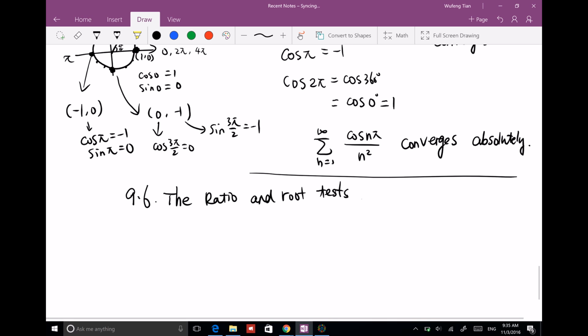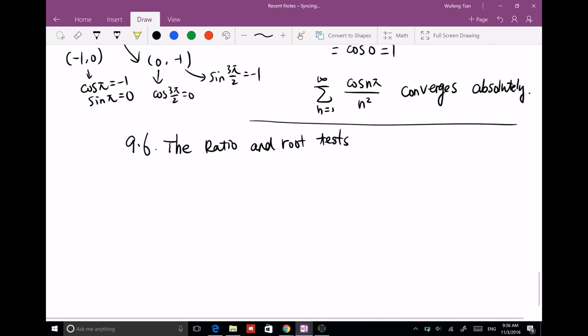The ratio test is, maybe I'll give you a little bit of review since we got so many tests so far. Just a quick review. What do we have so far? First, I want someone to help me continue with it. So what did we learn at the beginning, Jasper?